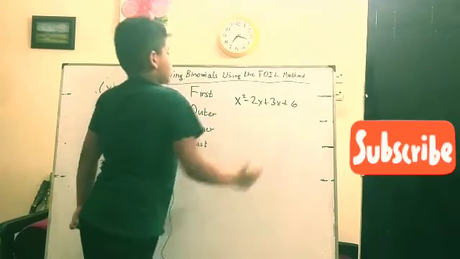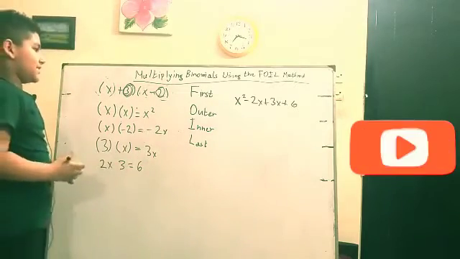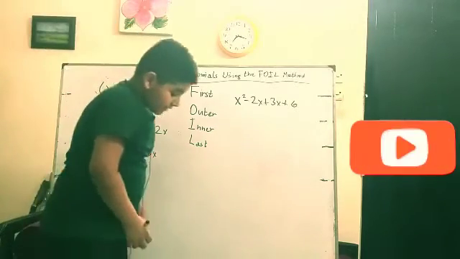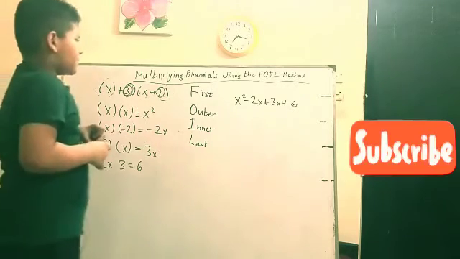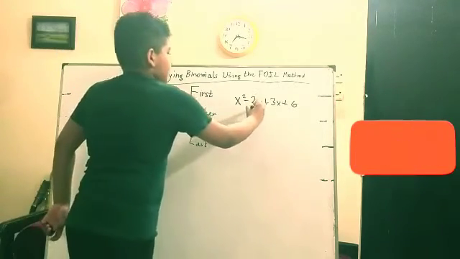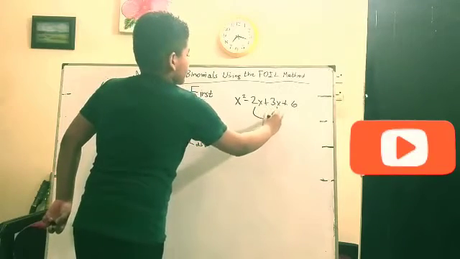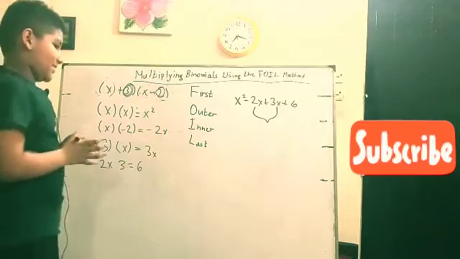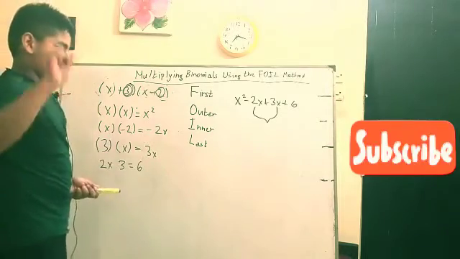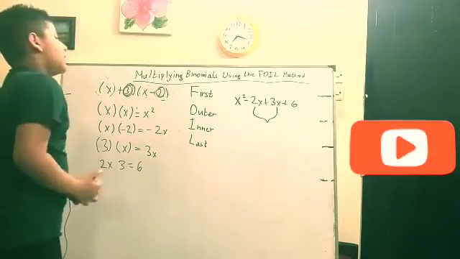Now you might be thinking that this can be simplified, can it? Of course it can. Now we have to, there is two common, like terms. It's from our simplifying polynomials video. Again, link in the description.